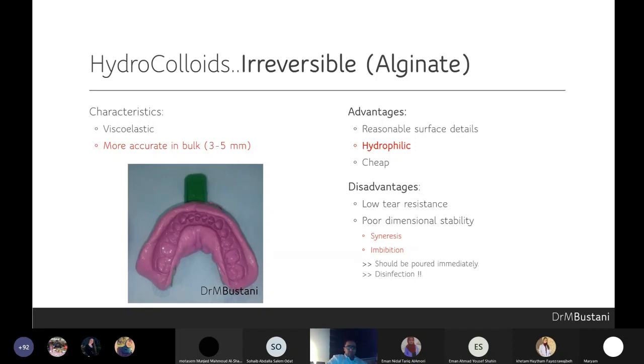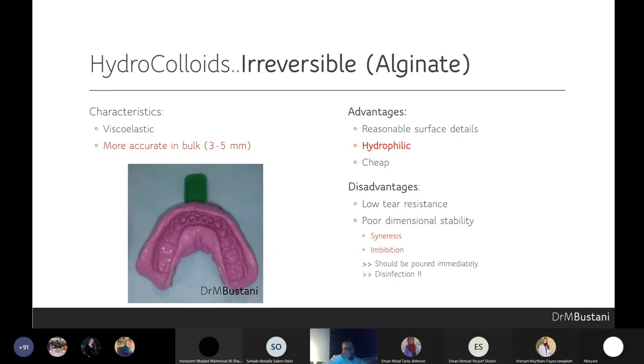As we said, the material is hydrophilic because it's mixed with water. It's cheap and produces reasonable surface details, but it has very low tear strength, and we have already mentioned that alginate will either gain water or release water if it wasn't stored properly.